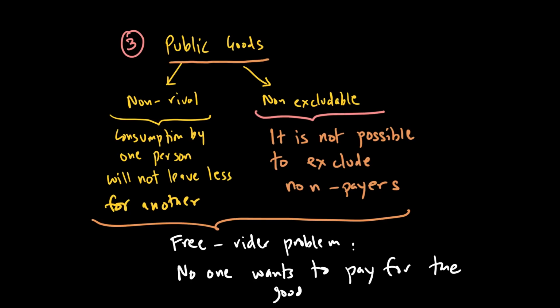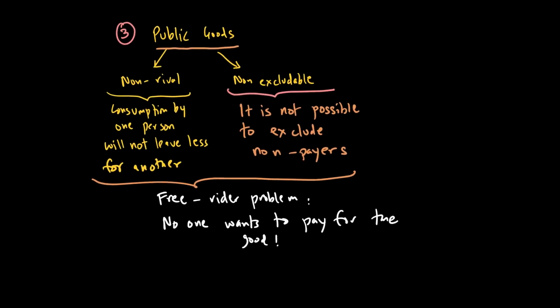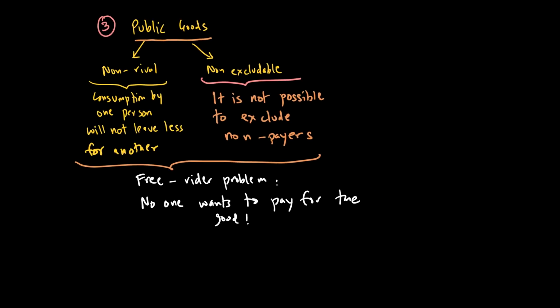If no one wants to pay for the good, that basically means that once the good is provided, you can't be charged for it. And that's the case of all your public goods. In the case of merit and demerit goods, there was a case of under and over provision. In the case of public goods, we call it a market failure because there is no provision. So this is again a quantity issue, that this good will not be produced at all because nobody wants to pay for it.